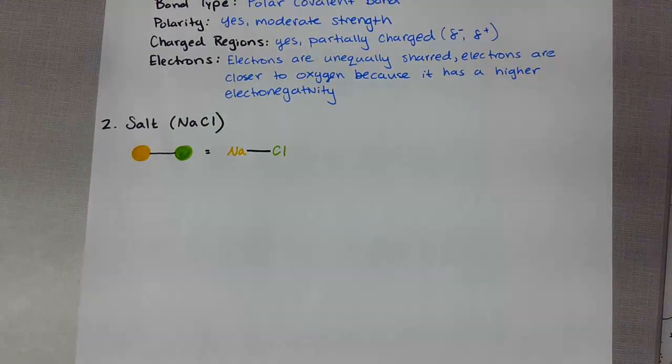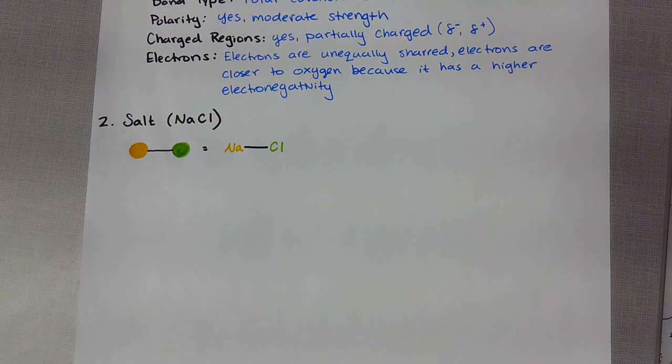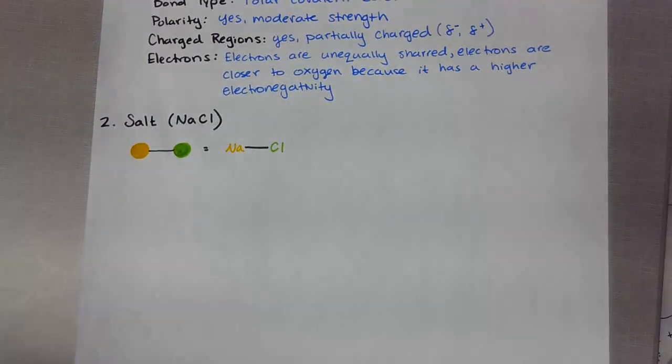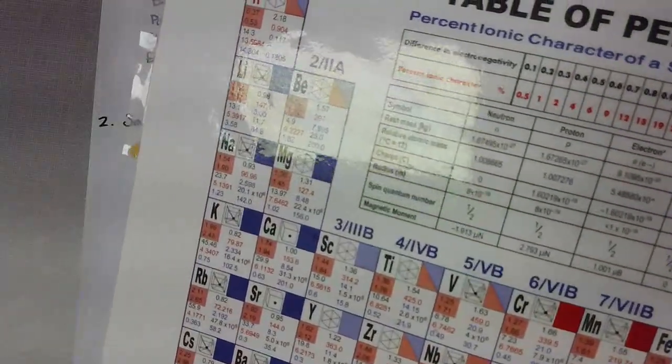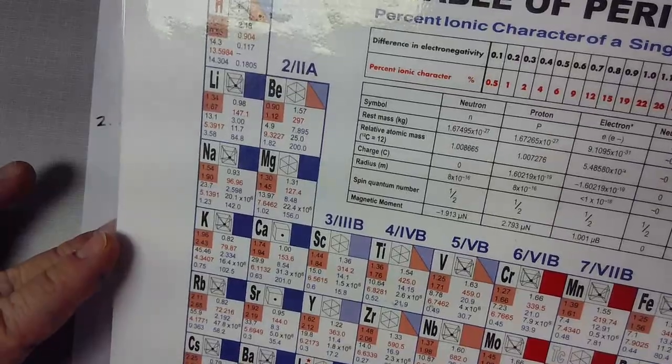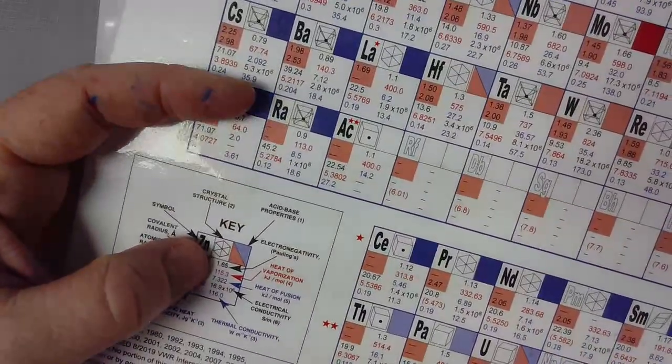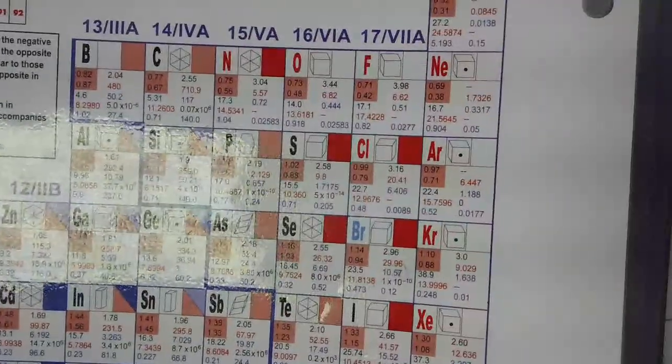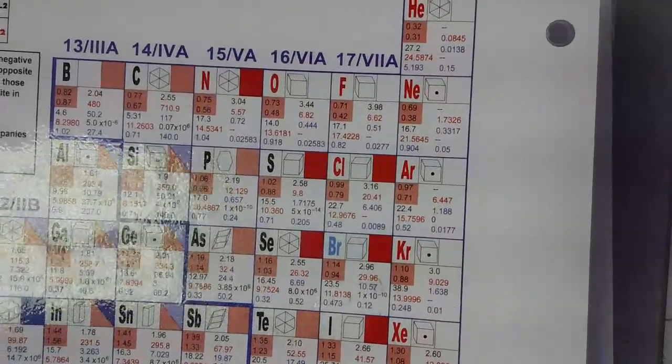Okay, so same setup, same process. I'm going to look up electronegativity values on the table. Sodium is, lots of glare, 0.93. Because remember, electronegativity is going to be that top number on the right-hand side. Chlorine is 3.16.